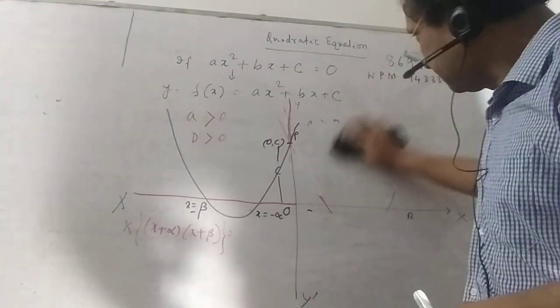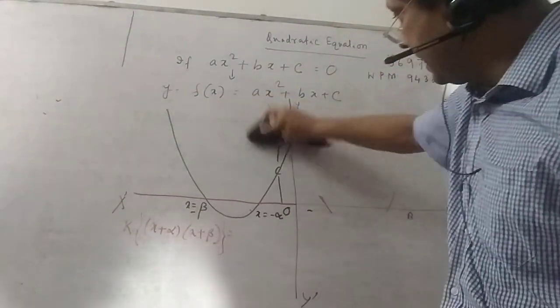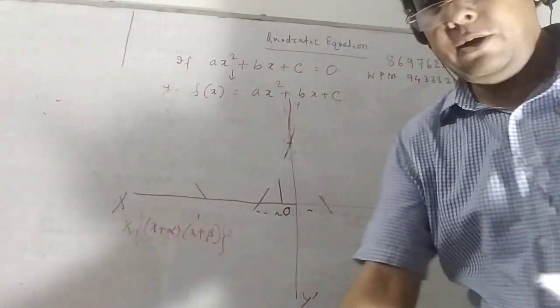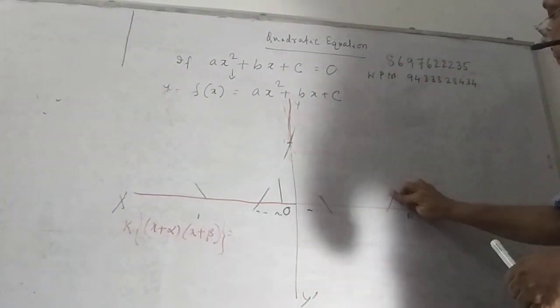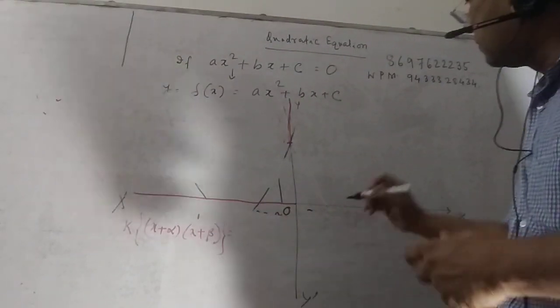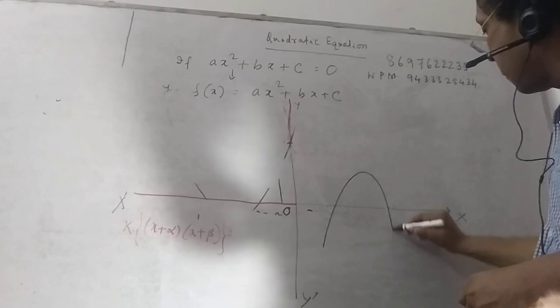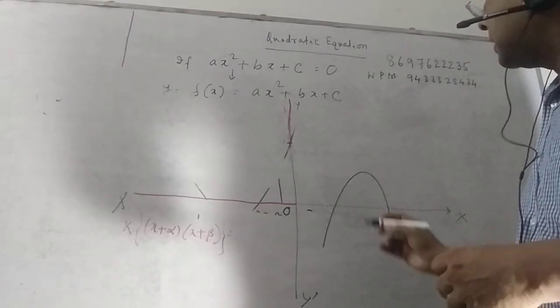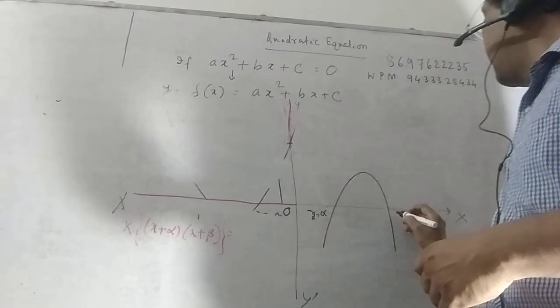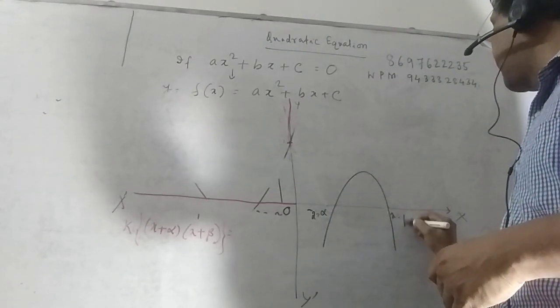Now suppose, what happens if a is negative? If a is negative, then the parabola will be like this. And here also you can see distinct roots, x equal to alpha and x equal to beta.